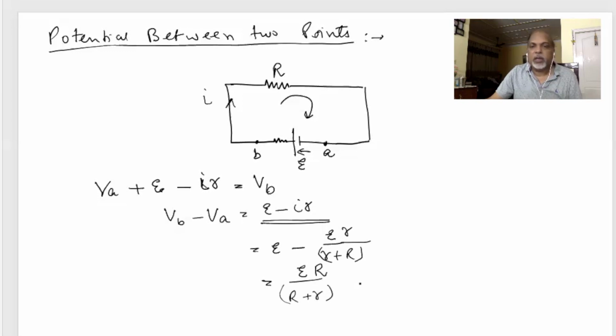Please note that we generally denote internal resistance with small r and outside resistances with capital R.